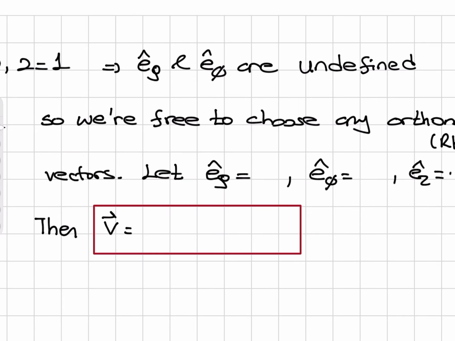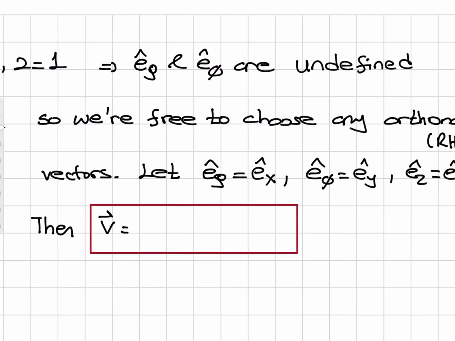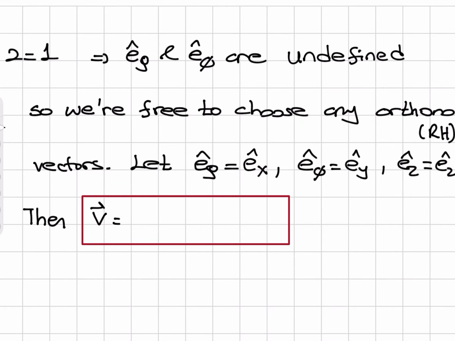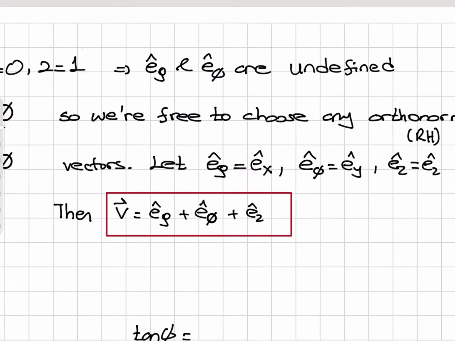So let's take e rho hat as ex hat, e phi hat as ey hat, and ez hat as ez hat because z is equal to 1. This is a right-handed coordinate system. Then I can write this as e rho hat plus e phi hat plus ez hat, where these unit vectors were defined as the Cartesian ones.